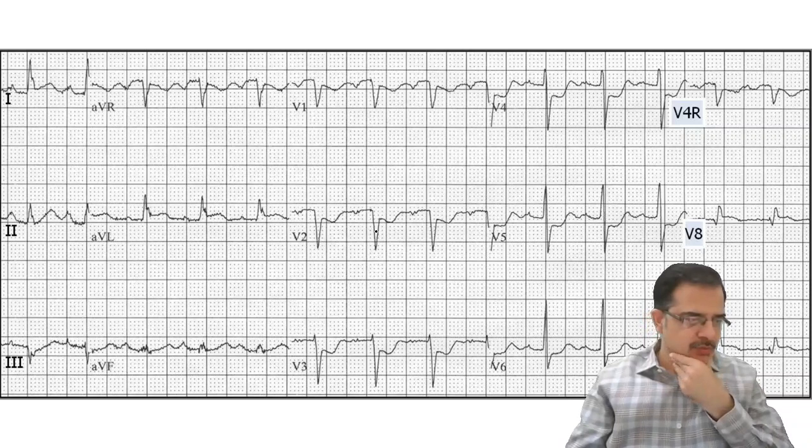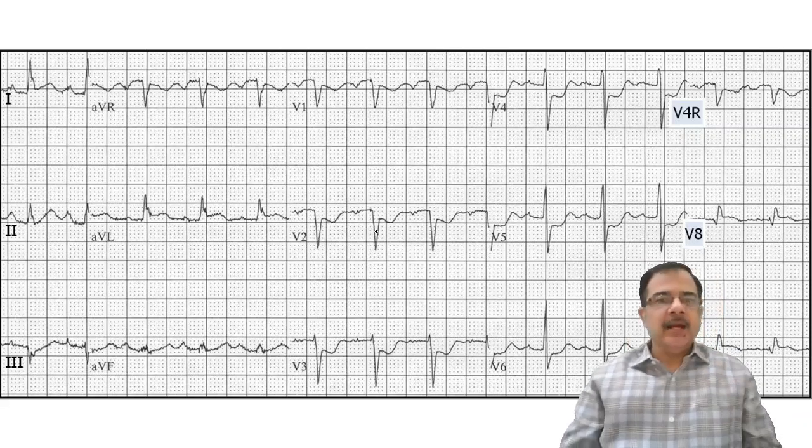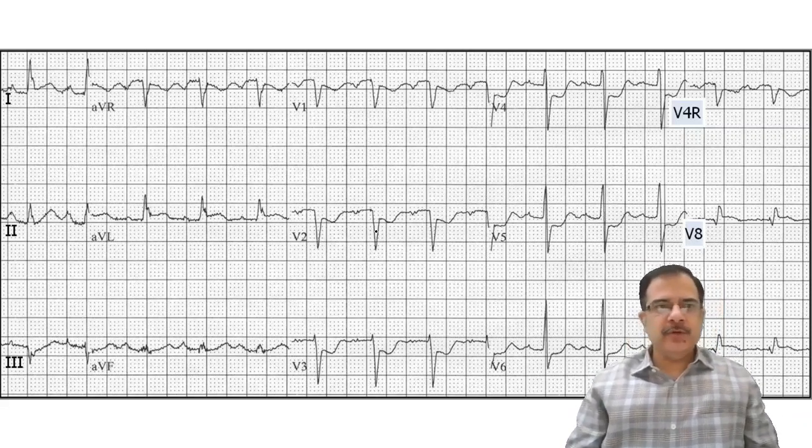Yes, so Ravikant has given the answer posterior wall MI first. Yes, this is a case of a posterior wall MI.